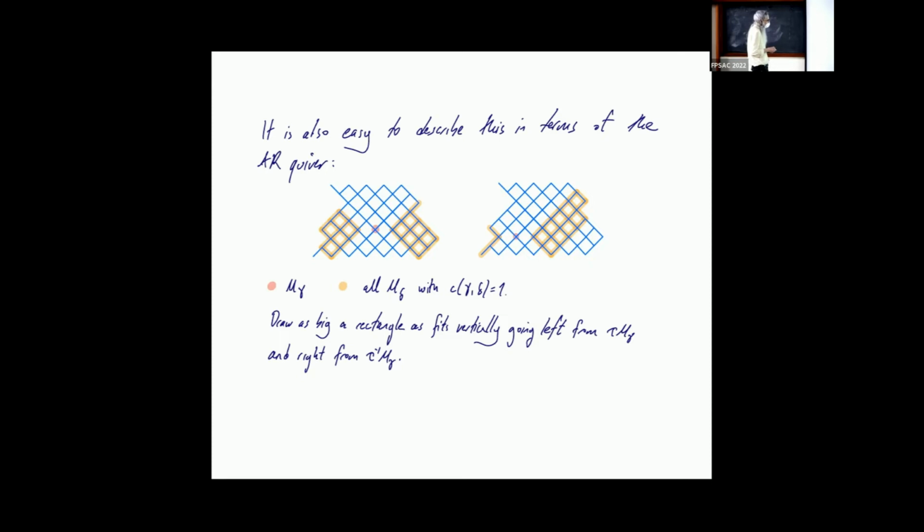It turns out that can be described as two partial rectangles. You start here, you go one step to the left, and then you start drawing a rectangle that starts there and goes up and down as far as possible. And so you get this region. You do the same thing over on the right, and you get this region.